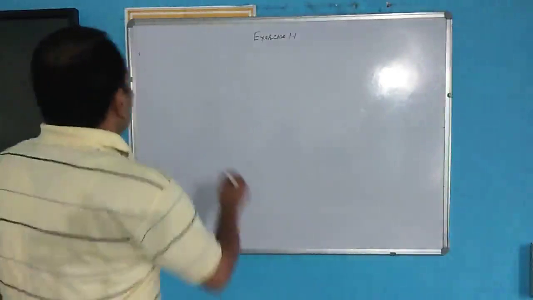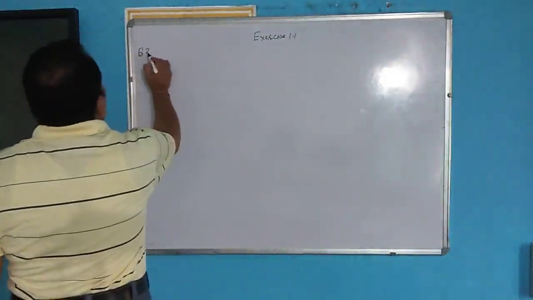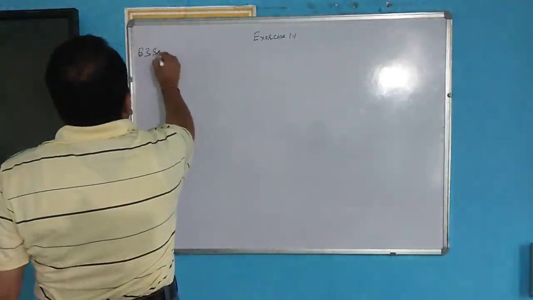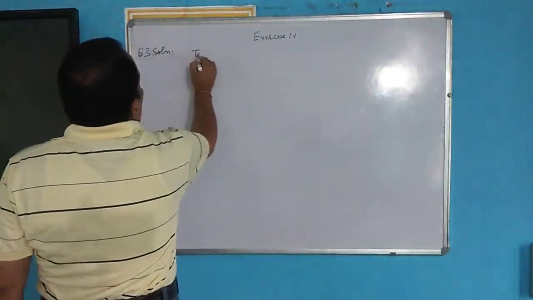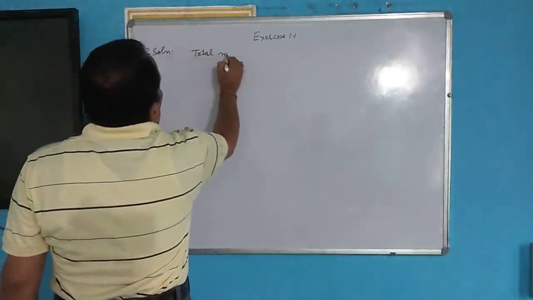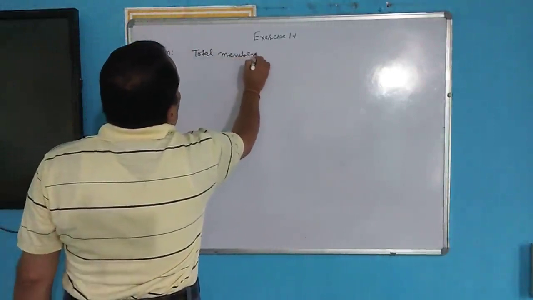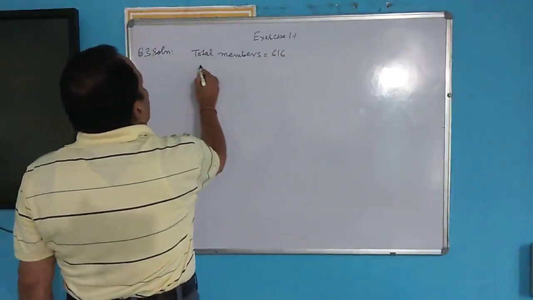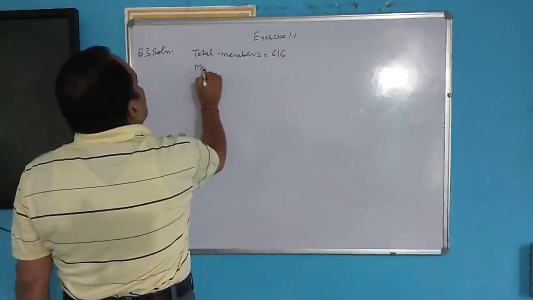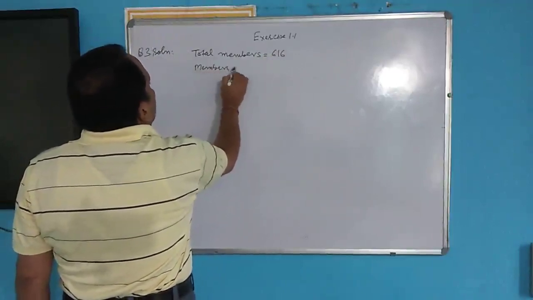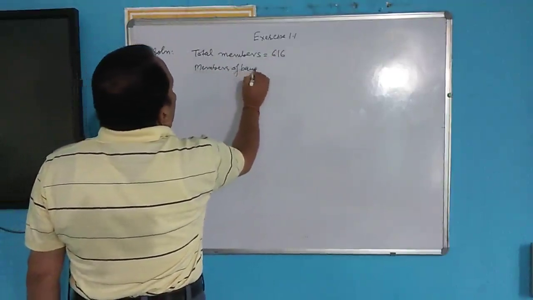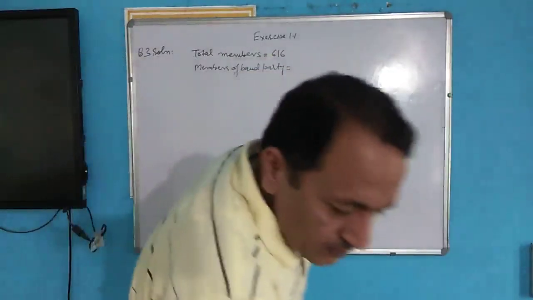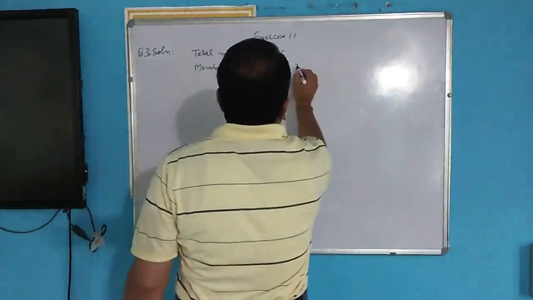So, question number 3. Total members are equal to 616, and members of the band party are equal to 32.